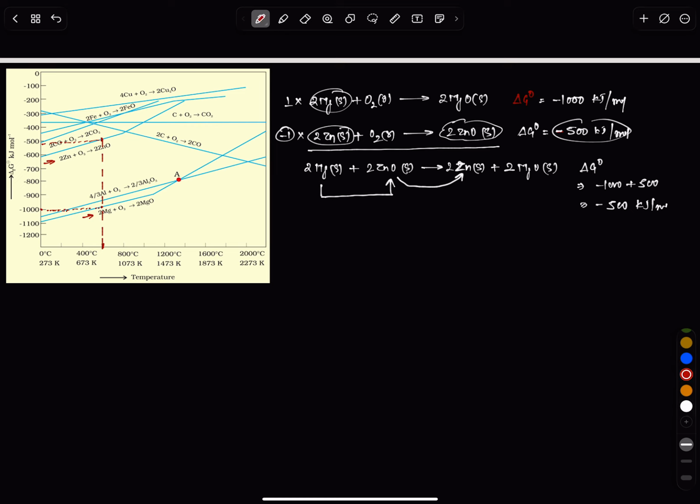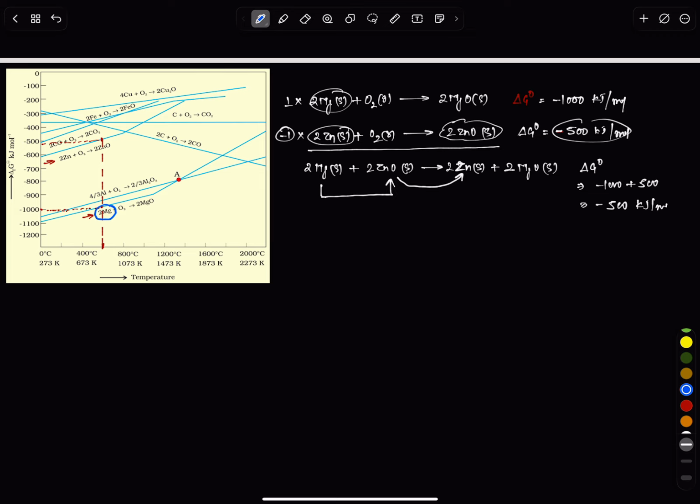So what do we conclude? Any metal which is present at the bottom in the Ellingham diagram, let's take magnesium, will be able to reduce any metal oxide present above it.